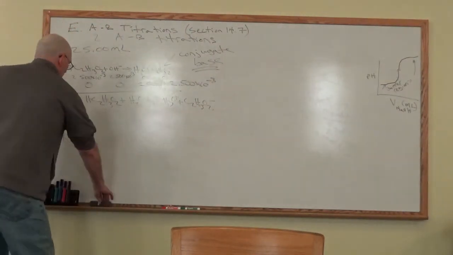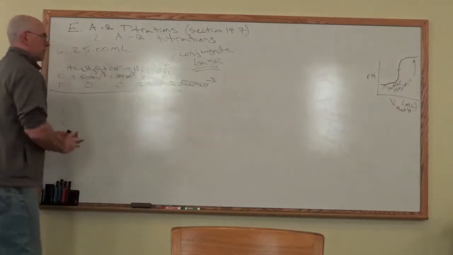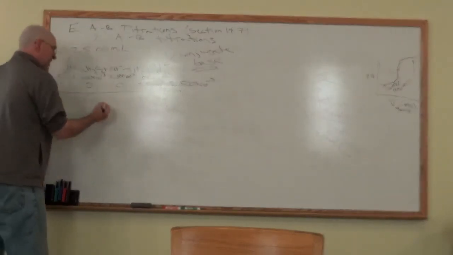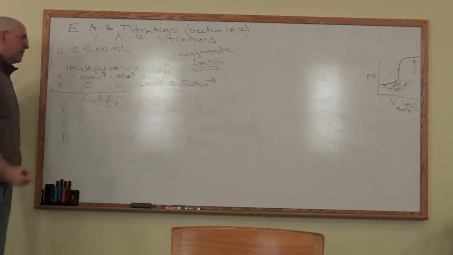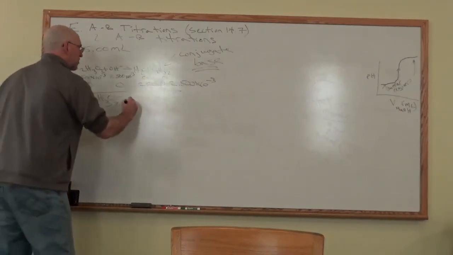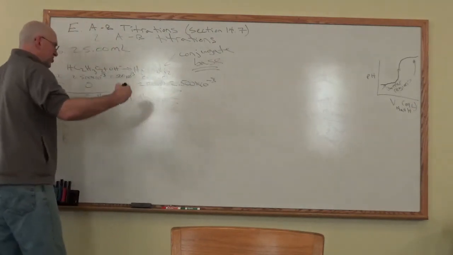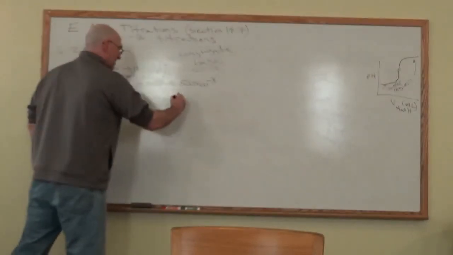It's a basic equilibrium. So if it's a base, then we have to look at this acting as a base. Well, how do you write that? You write it reacting with water to regenerate the acid. So in this case, this is the base. This would be the conjugate acid.